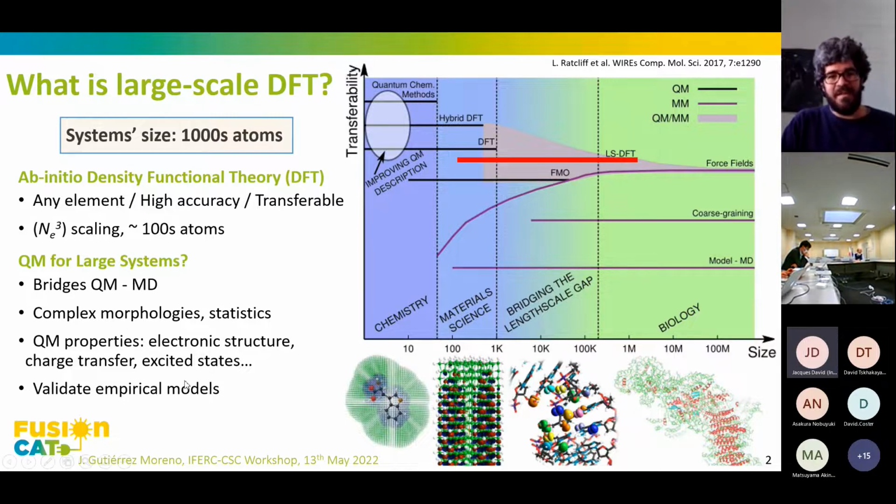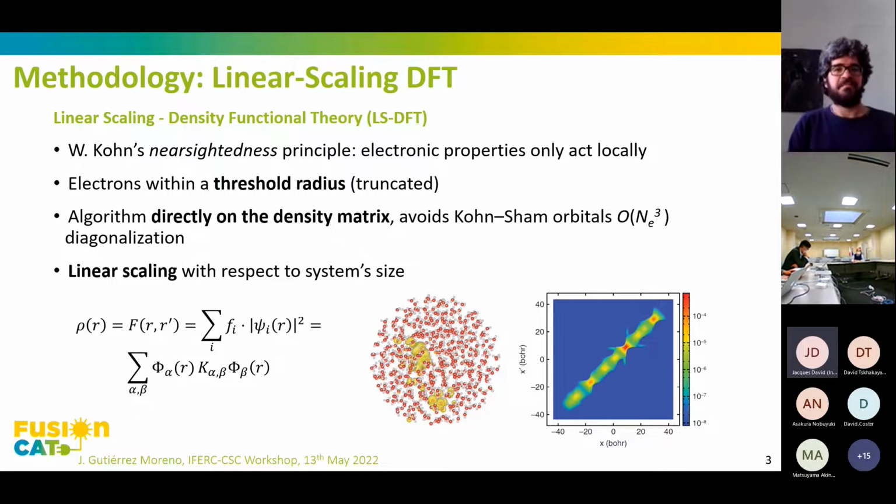And of course, we can use those methods to validate the empirical models, because if you want to make something large, you must go to semi-empirical or classical models, but you cannot validate against classical DFT because you cannot simulate such a large system. So this could be used to validate the accuracy of classical models.